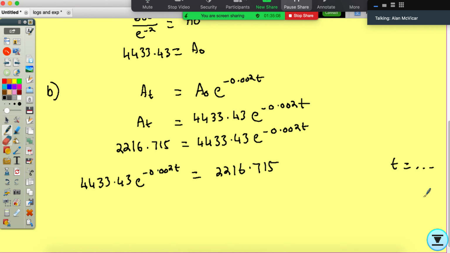So I'm transposing this equation to get t equals, just like I've been doing in the last set of questions. Okay, so I want to take ln of this bit here because I want to get rid of that e because I want to know what t is. But I can't because of this number here.